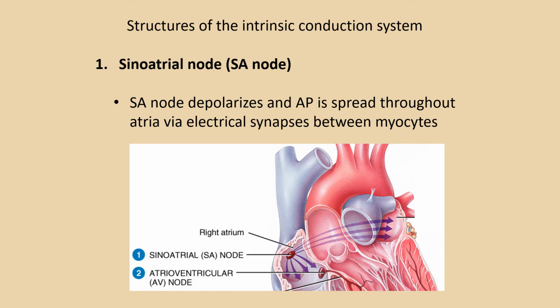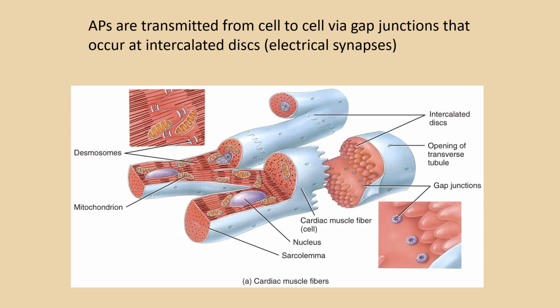So as that SA node depolarizes, that wave of depolarization is subsequently transmitted across both atria from one contractile fiber to the next, as represented by the purple arrows here. An action potential is transmitted from one heart muscle cell to the next heart muscle cell at electrical synapses.